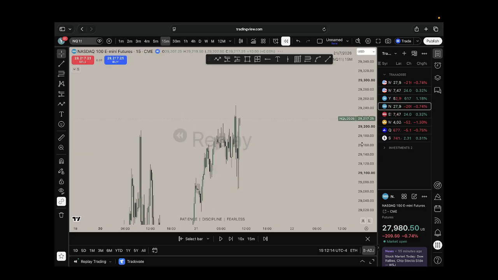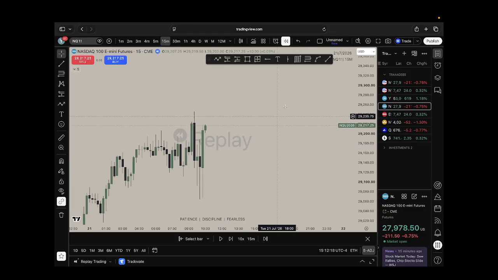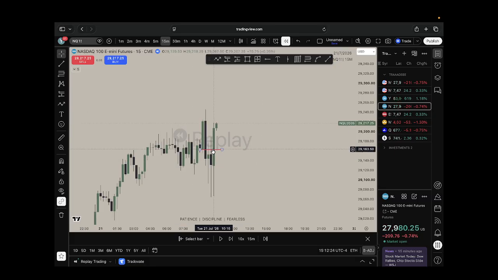But just for proof of concept, this was going over a change in the state of delivery, which was right here, bearish. Right here, we end up manipulating into it and then going lower a little bit, but we did end up coming back higher. So we'll go to the next day here.